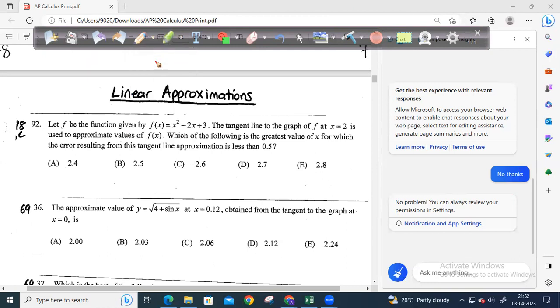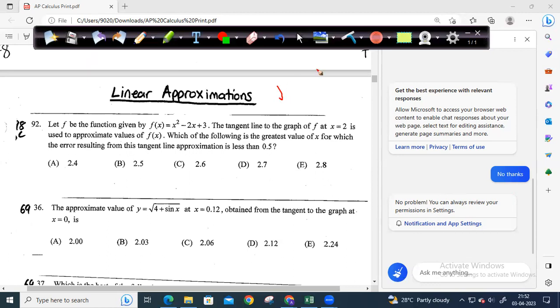When I say equation of a line, what is the formula? y2 minus y1 is equal to m into x2 minus x1, right? Or y2 here means y, x2 here means x. So y minus y1 is equal to m into x minus x1. So y is y1 plus m into x minus x1.